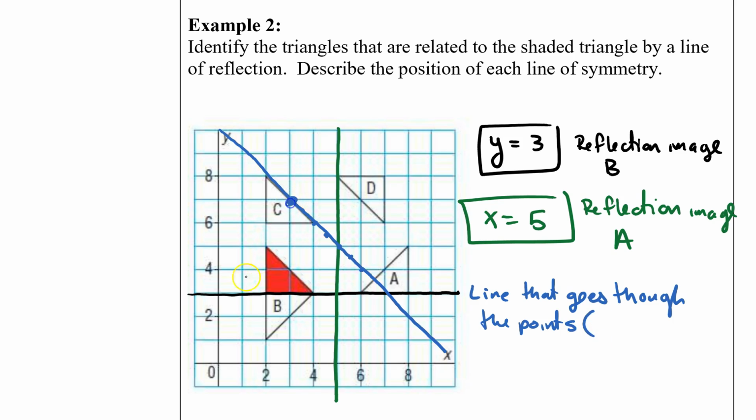Why not? So 3, 7 and 7, 3. Just to be confusing, why not? So the line that goes through the points 3, 7 and 7, 3. I can be more specific. I can say the straight line that goes through those points, and it produces reflection image D.